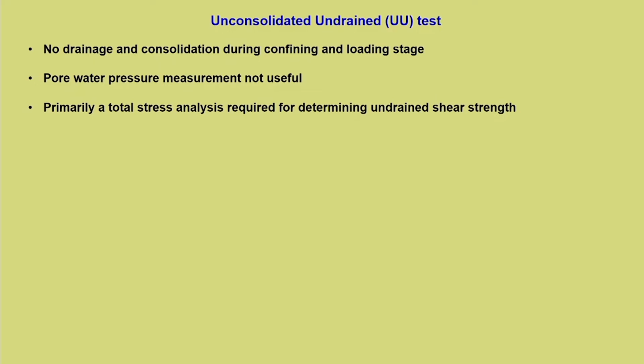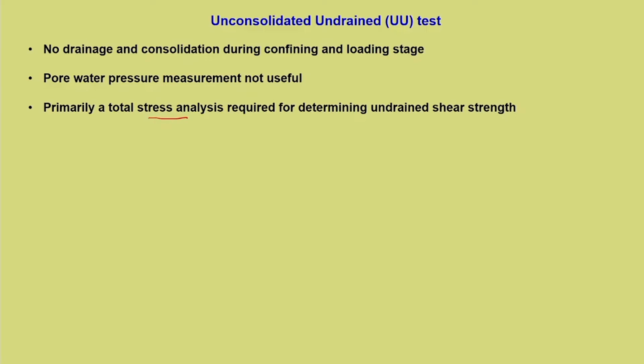Primarily, a total stress analysis required for determining undrained shear strength. Okay, so, this is purely a total stress analysis, and the second statement and third statement, they are complementary to each other, because if the pore water pressure measurement is not going to be useful, then it is apparent that we are not going to have the results in terms of effective stress.